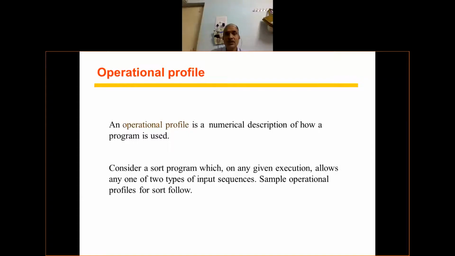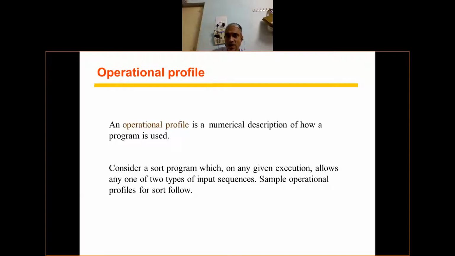Wherever required. Now let's look into some of the terms used in software testing. Operational profile. An operational profile is a numerical description of how a program is used. It is not limited only to what I'm showing here from the textbook.